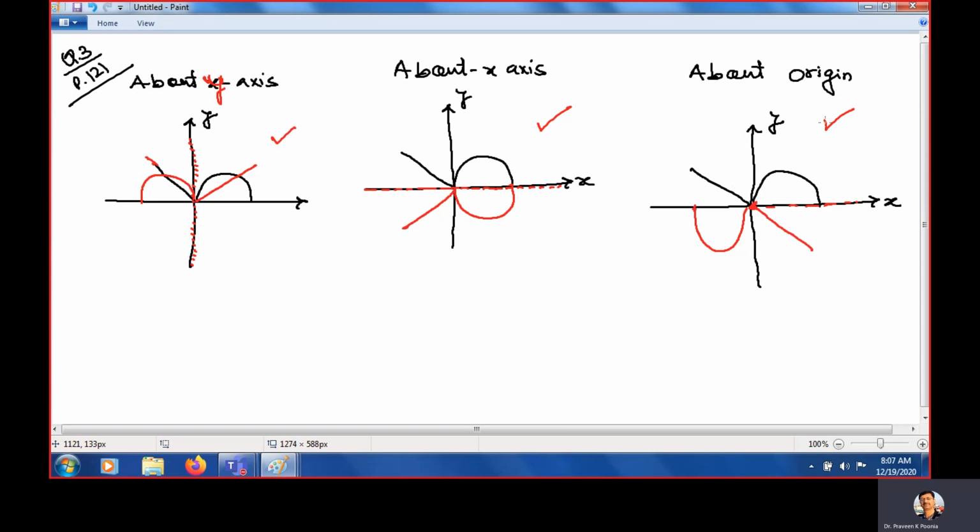Because here we are changing x by minus x: whatever is on the positive x side, same is on the negative side. Here we change y by minus y: above is positive, below is negative. And here x by minus x and y by minus y.